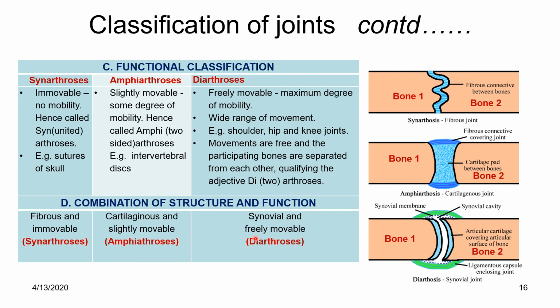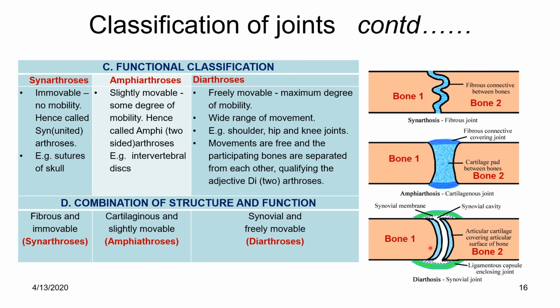Then the cartilaginous and slightly mobile joint, which is known as amphiarthrosis. Between the articulating bones there will be a bed of cartilage. So this is the cartilaginous joint or amphiarthrosis.